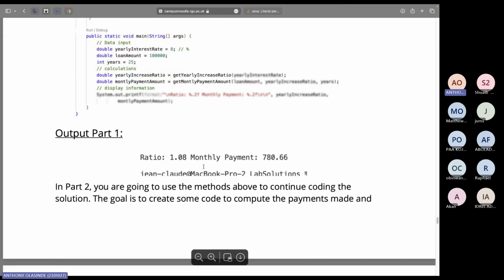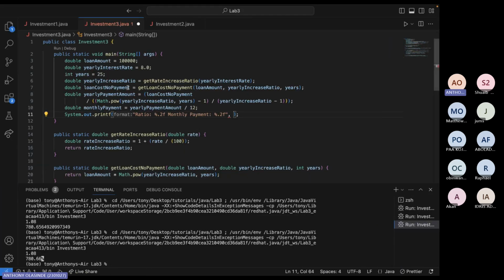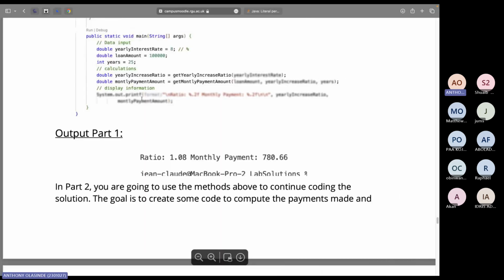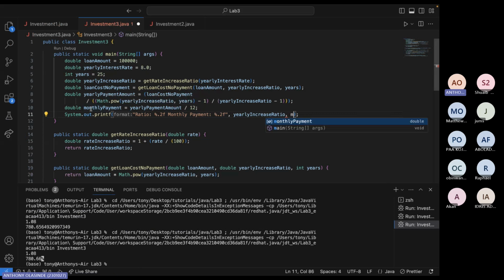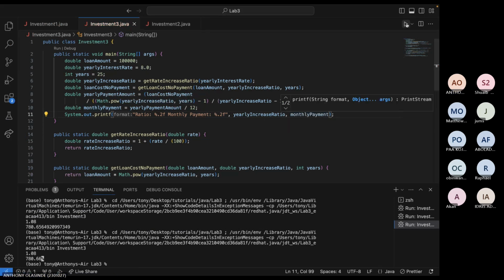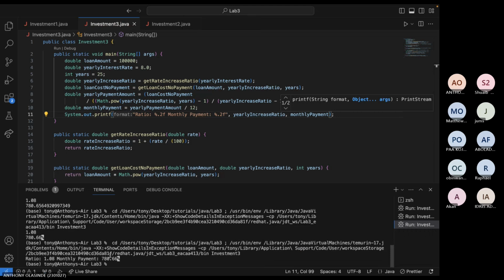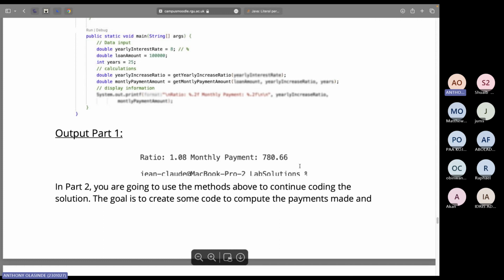The first one is the yearly increase ratio, and the second one is the monthly payment. And that gives us ratio is this, monthly payment is that.